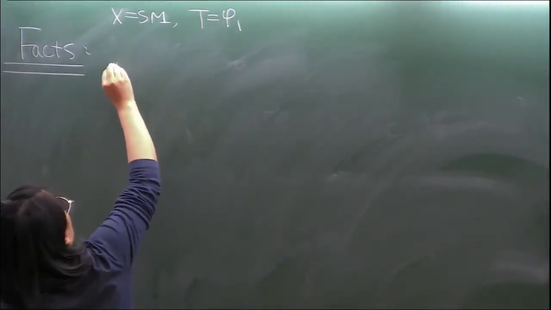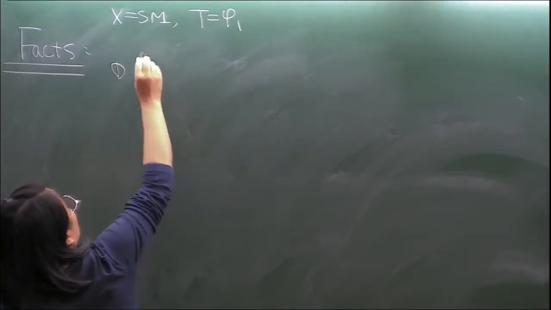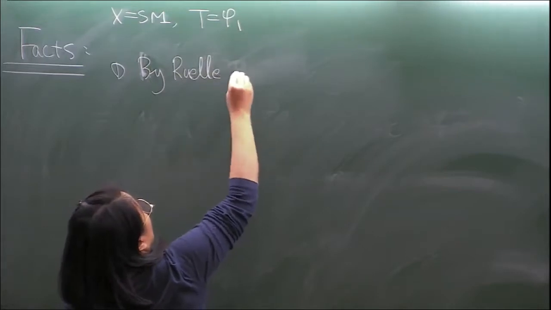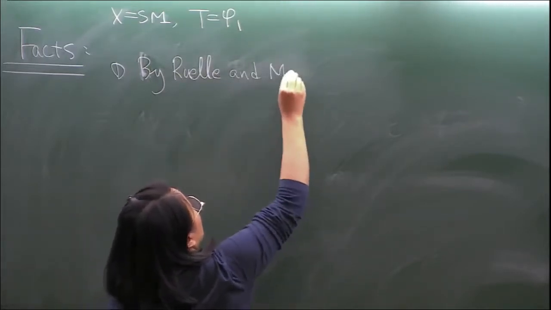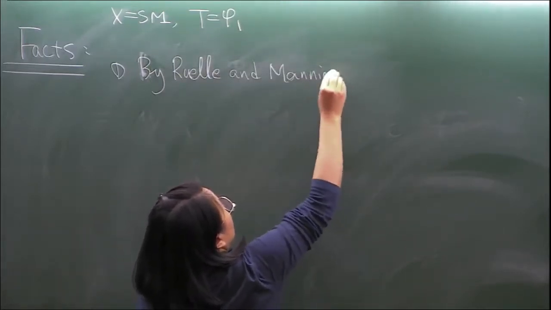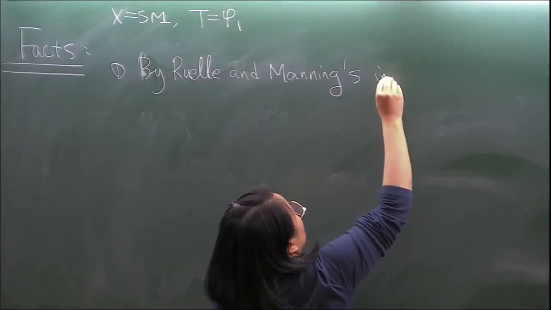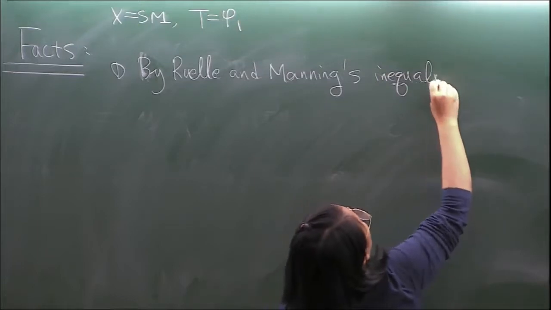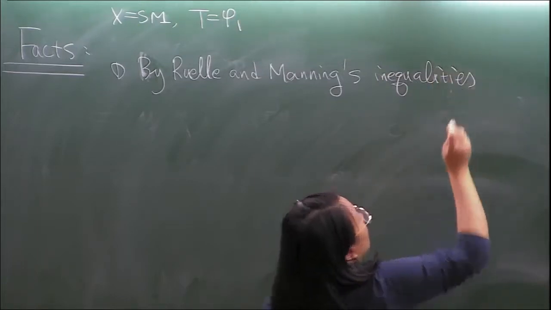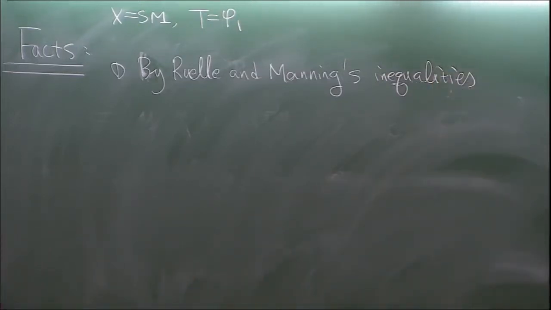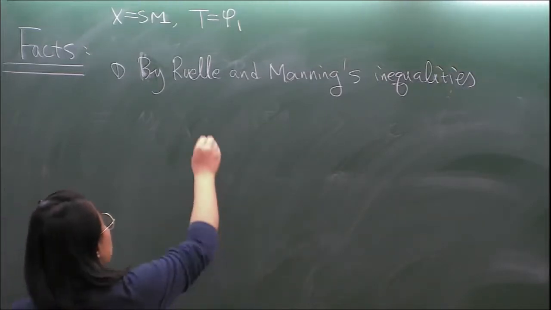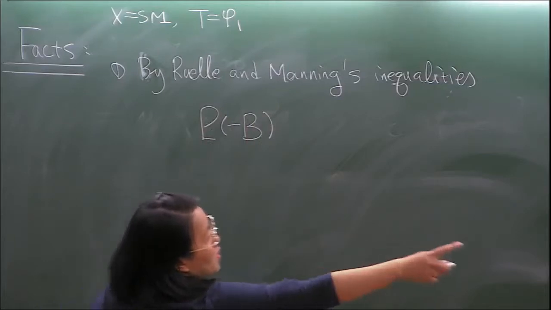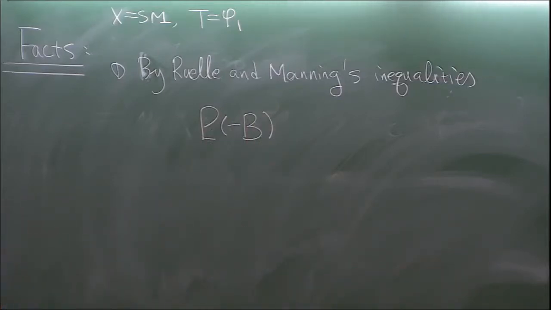Then the first fact is Birkhoff and Manning's inequalities, actually you already see immediately P minus B, B is the Laplacian of Busemann function.